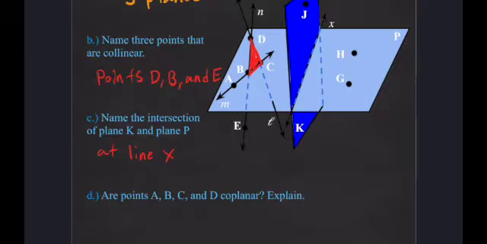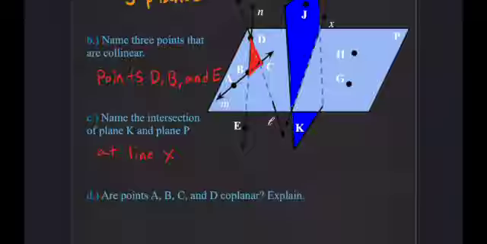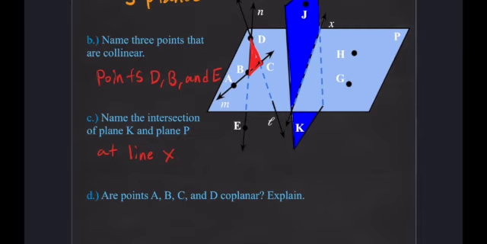We just need to check to see if A is also in that same plane. Here's how we know. If we have a 4th point that lies on one of the lines that is part of the other plane, it's coplanar. Okay? If point A was not on the line that is joined together in that plane, then it would not be coplanar. But because A is on the line that is part of this plane, it is coplanar.